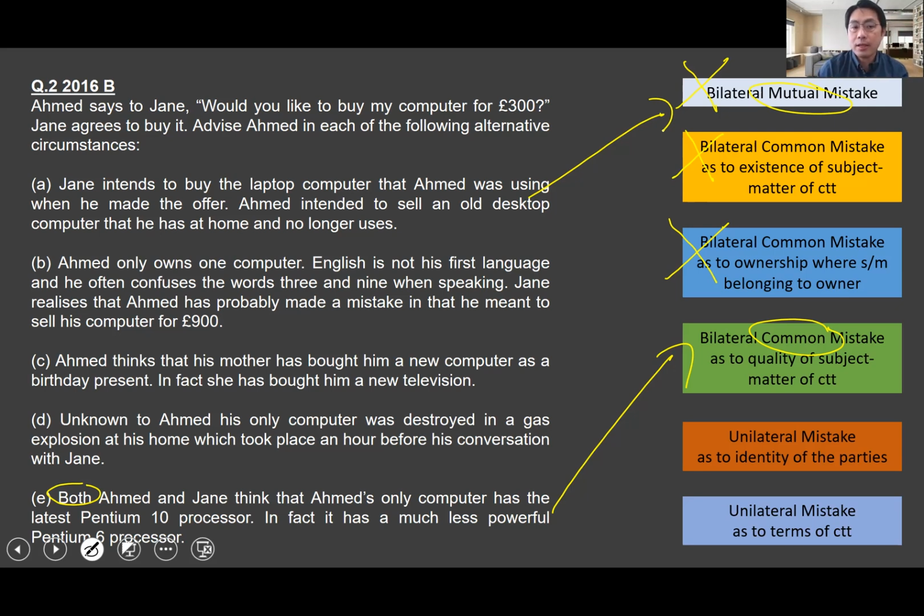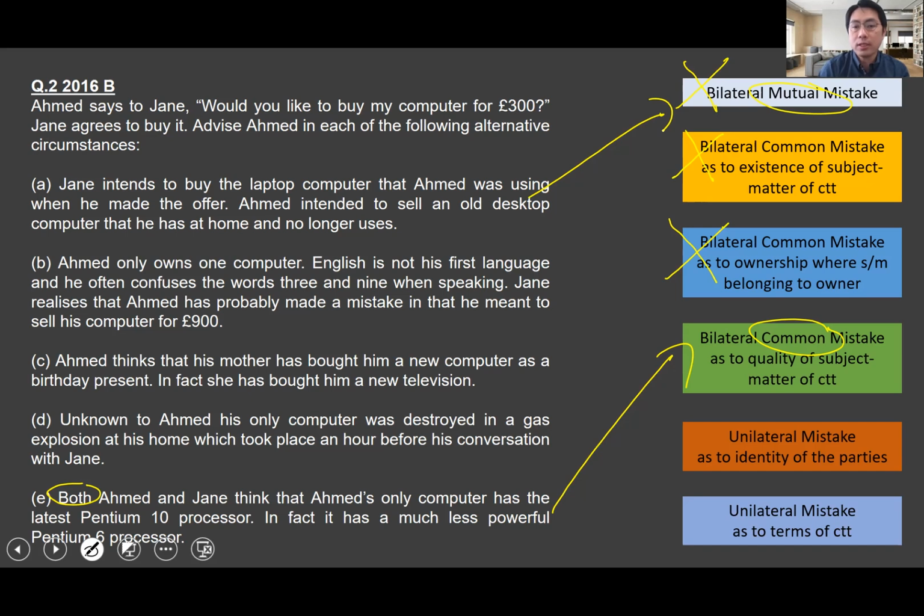In the case of part E, they are both mistaken, but as to the same thing. They are both mistaken thinking that this is a Pentium 10 processor computer, but it's not. And therefore, because they're mistaken as to the same thing, it's a mistake that's common to both. It comes under bilateral common mistake.